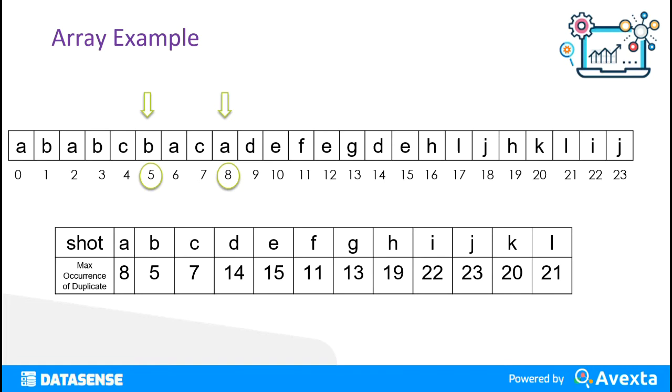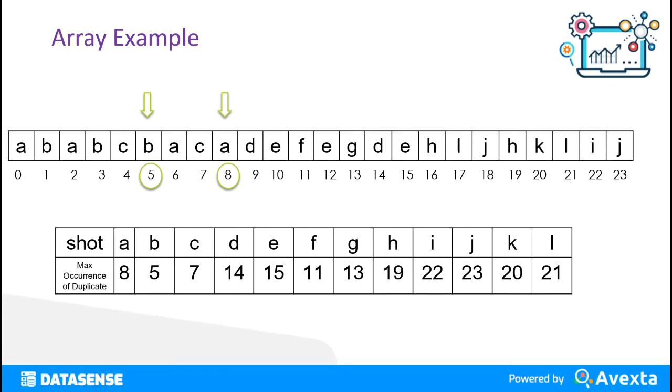You see that the max occurrence of A is 8, which is greater than 5, which means that our goal right now, at this point in our loop, is to reach up to 8. And if there's anything greater than 8, then that's going to be our new segment.